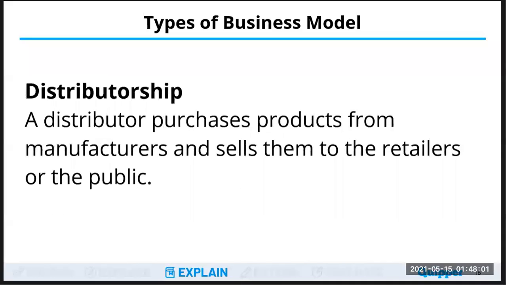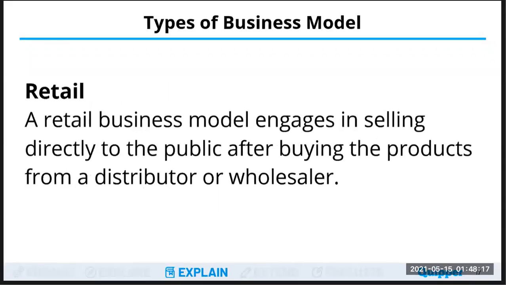Yan, so from the manufacturers, nagpa-purchase yung mga distributor natin and then ibibenta nila to sa mga retailers. Yun, yung mga retailers naman, sila yung mga nagbebenta ng mga tingi-tingi naman sa public. Or pwede rin naman siyang diretso sa public na.